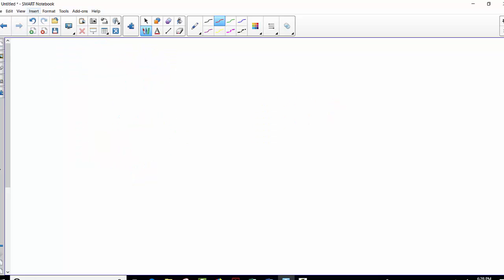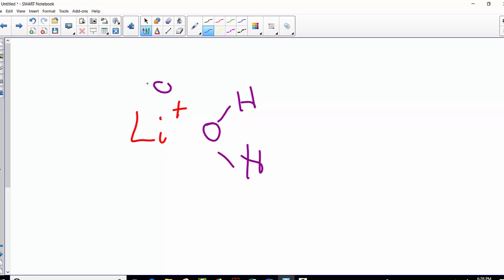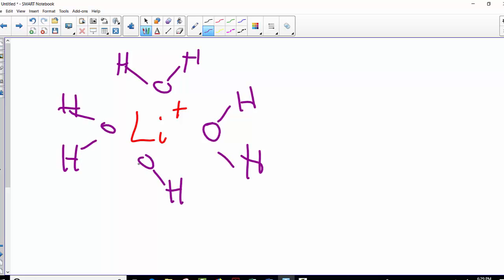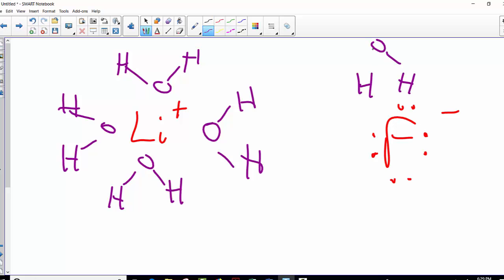So when ionic things dissolve, I have lithium plus, the water is going to surround the lithium so that the partial negative end of the water is oriented toward the lithium. Here's my F minus. Water's going to surround it too, but you'll notice the other way.